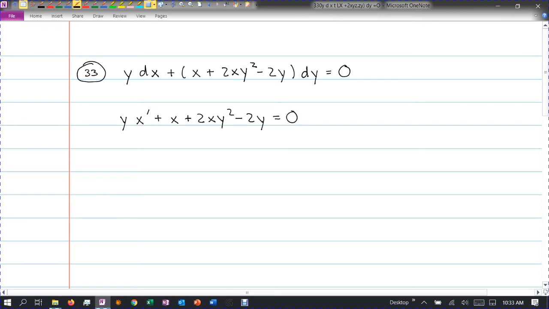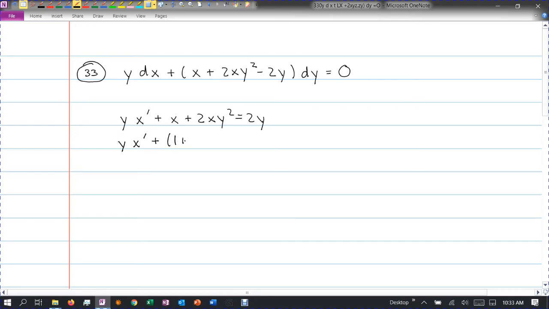Now what I need to do is have a function of y in front of x, and then a function of y on the right hand side. So I'll move this negative 2y to the other side, that'll make it positive 2y. Let me factor out the x of the second two terms on the left side.